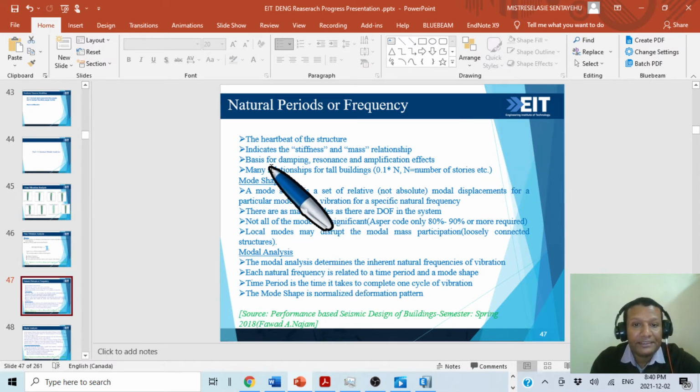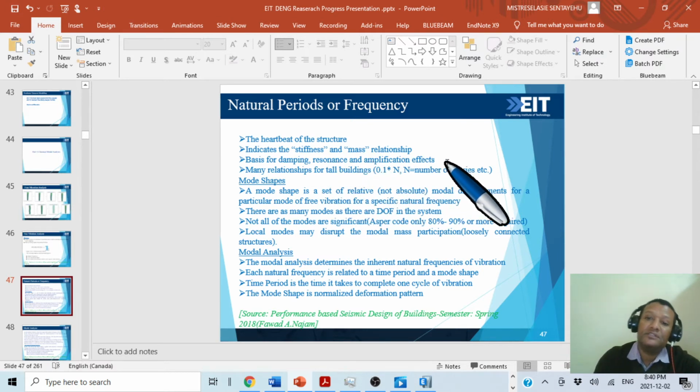And it is the basis of damping, resonance and amplification effects, because this is a basic point. Once we know the natural frequency and period, none of the forced frequencies and periods should be the same as this one.